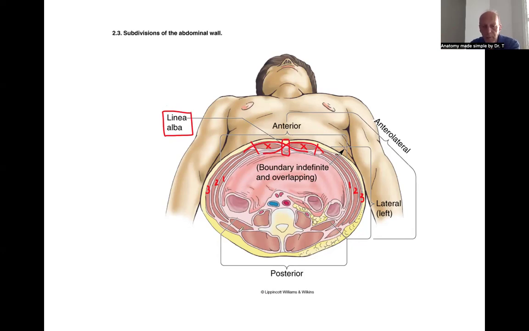On the back side, the posterior abdominal wall is much easier, as we have, first, a much smaller gap between rib 12 and the uppermost part of the pelvis, and the lumbar vertebrae are going to be there to make a significant part of the wall. Next to the lumbar vertebrae, we're going to have two muscles that are also big.